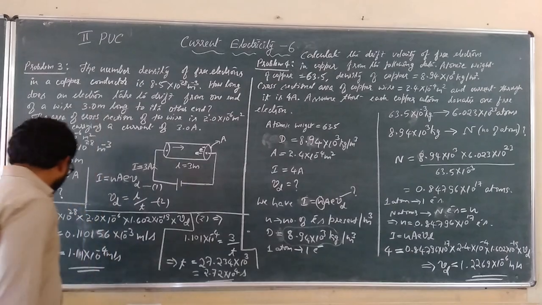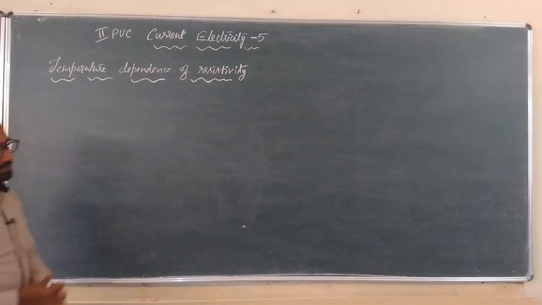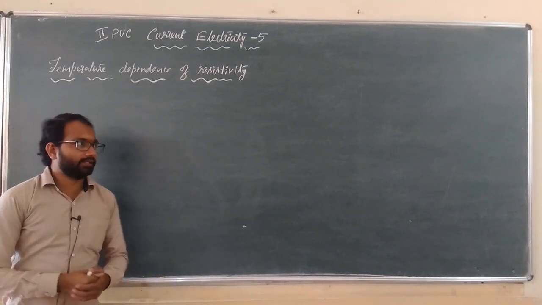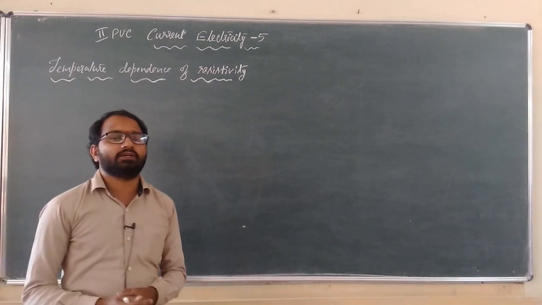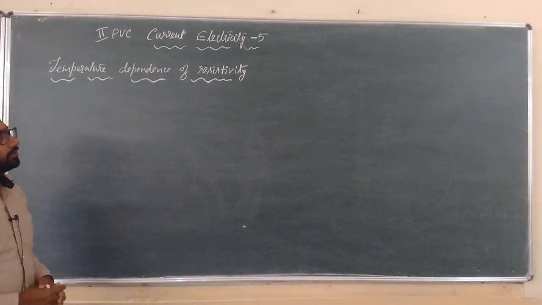Okay, right. So next we move on to the temperature dependence of the resistivity. In the previous class we discussed that the resistivity of a material depends on temperature. As the temperature is changed, the resistivity changes.